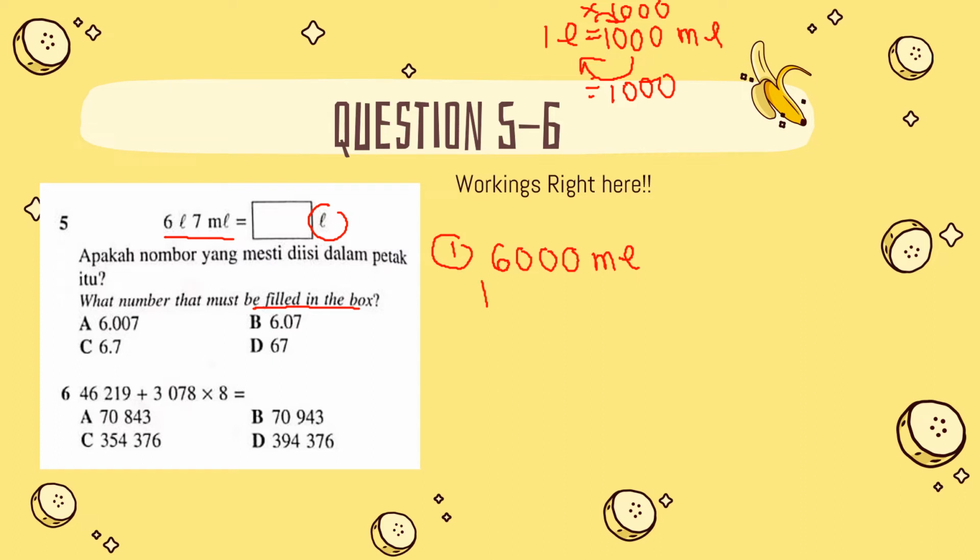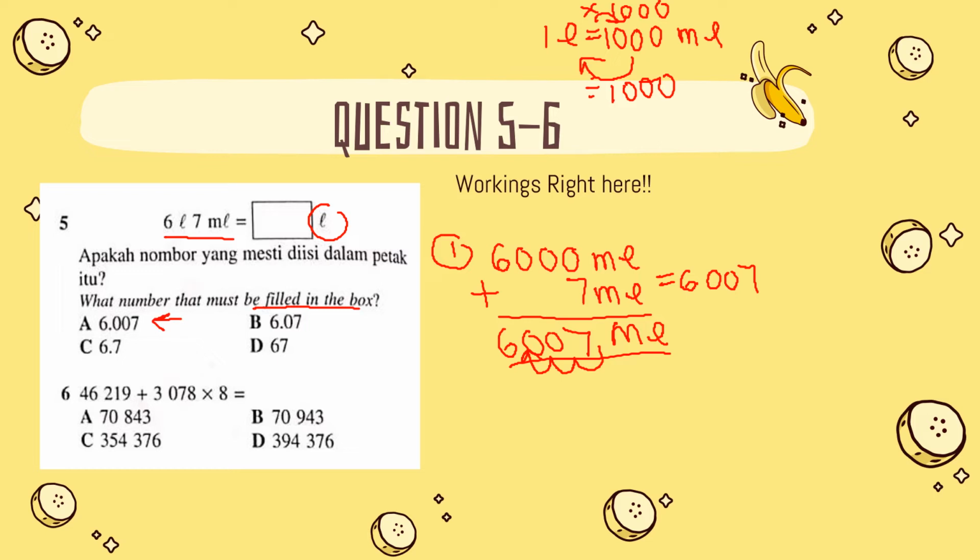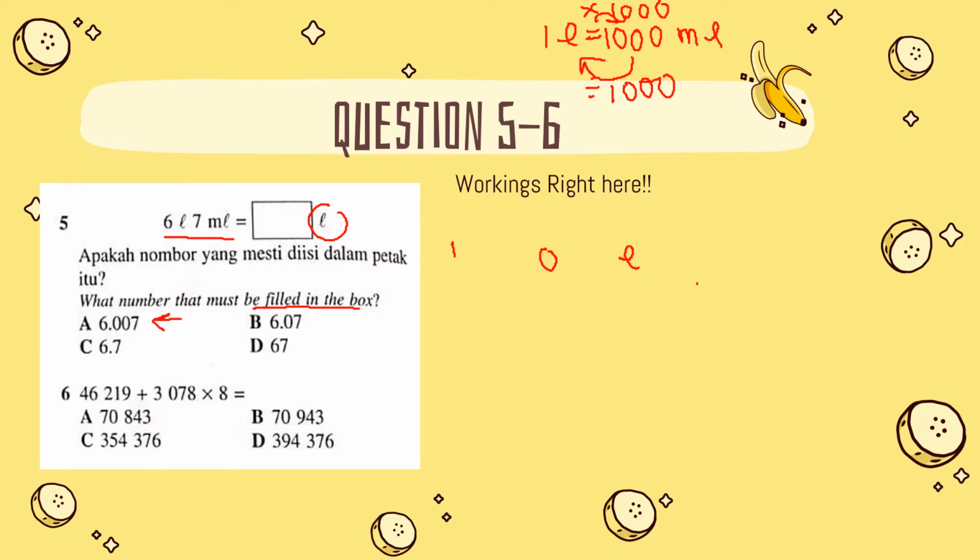First you add 7 milliliters and you get 6007 milliliters. Now they ask in liters, which means you have to convert this into liters. So 1, 2, 3, you get 6.007. So we know the answer is A. Now let me show you the second method. Alright, second method.